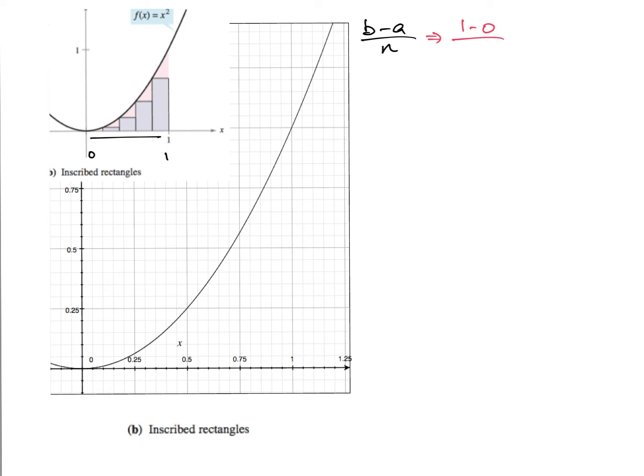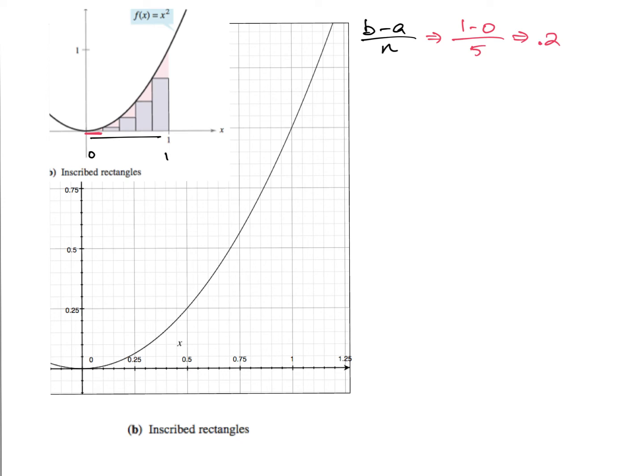There's really 5 because this one doesn't really have a height. So there's actually 5 rectangles that it's being broken up into. So that's how we find our width, B minus A over N. So my width happens to be what? 1/5. I'm actually going to use a decimal here, so I'm going to say it's 0.2.